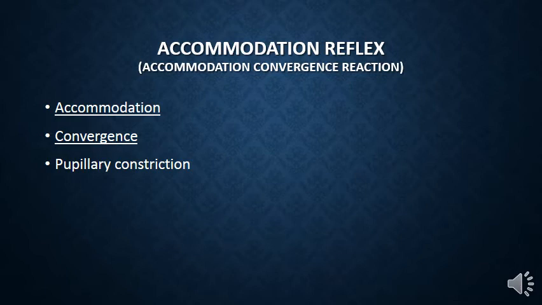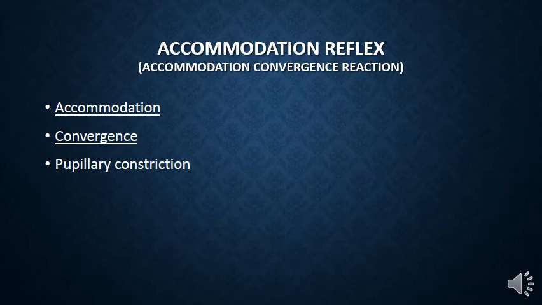In convergence response, the medial recti contract. As a result, both eyes converge, and this allows the image of the near object to focus on the corresponding part of retina in each eye.